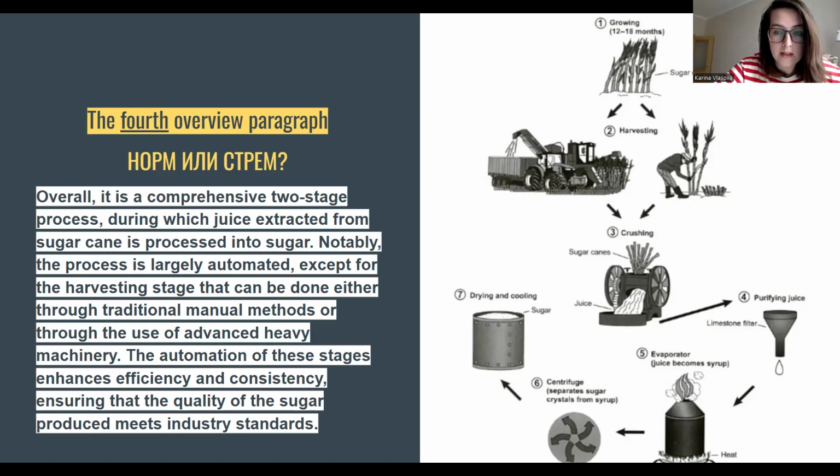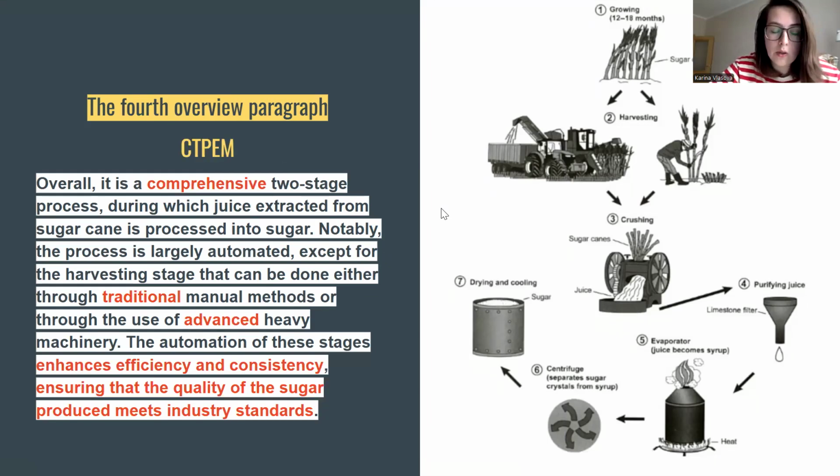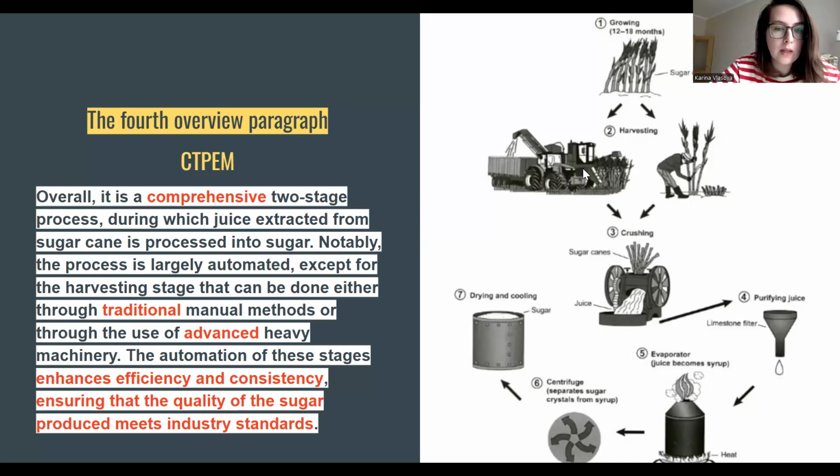The last sentence. Something's wrong about the last sentence. You're very much right. Let me show it. You got it absolutely correct, and pay attention to the extra words, like comprehensive, traditional, or advanced. These words show your opinion or just some historical context.